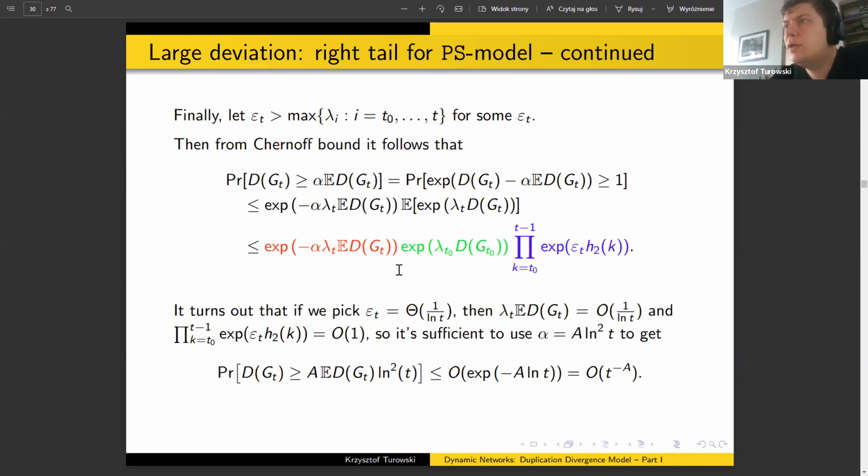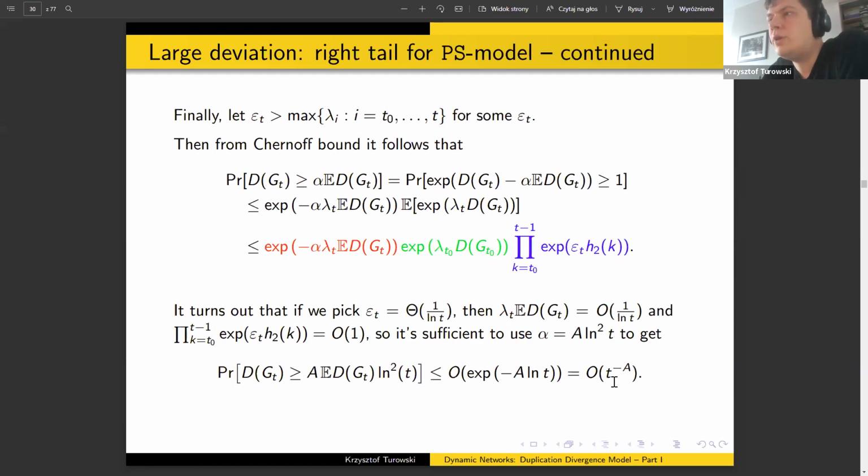And we know by the same reasoning as in the first part that it is sufficient to take alpha proportional to logarithm squared, to get that the probability of the degree exceeding some fixed constant times the average value times the square root of the logarithm of t is less or equal to a probability proportional to t to the power of minus a.